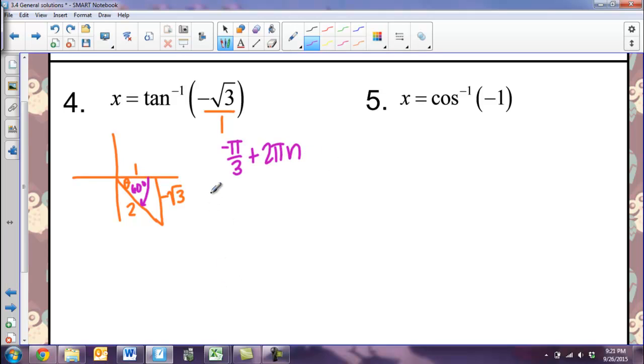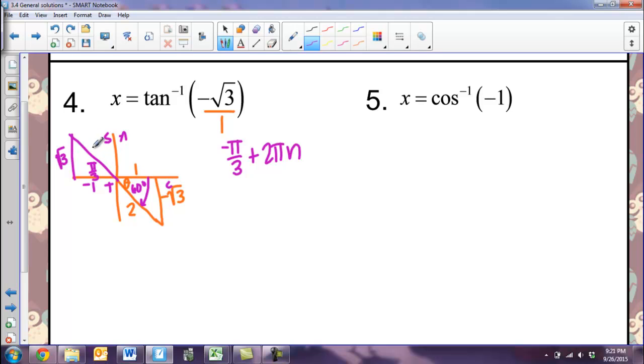And then I've got to figure out where the other guy is. So remember, all students take calculus. So tangent will be positive over here in 3 and in quadrant 1. So that means I'm over here in quadrant 2. Again, that's going to be a reference angle of pi over 3 if you put in your ratios. So this is root 3, and this is negative 1.